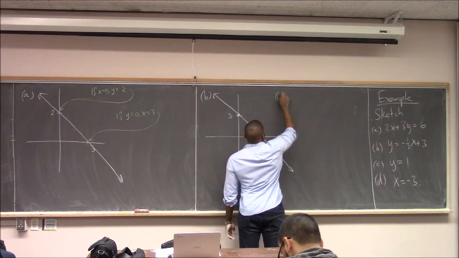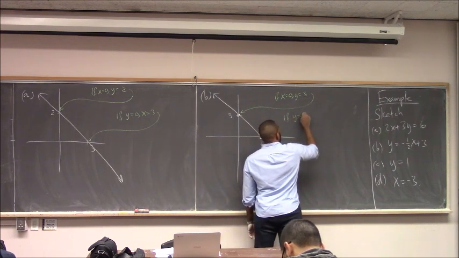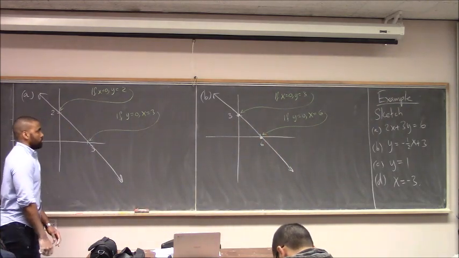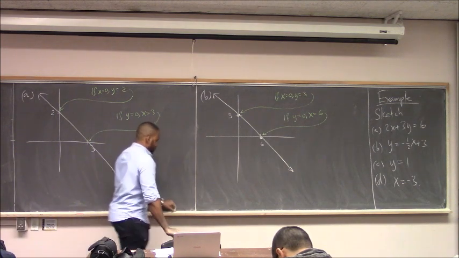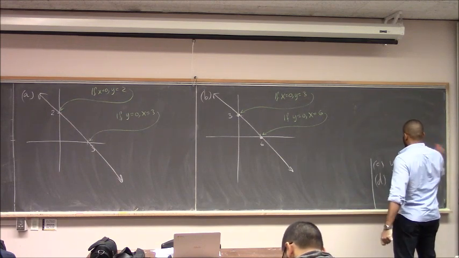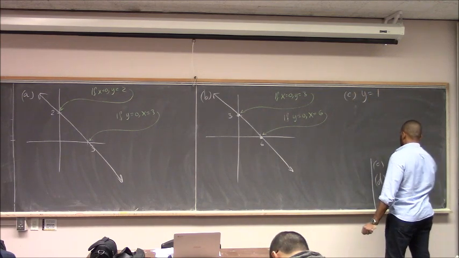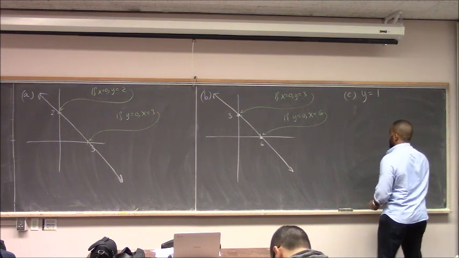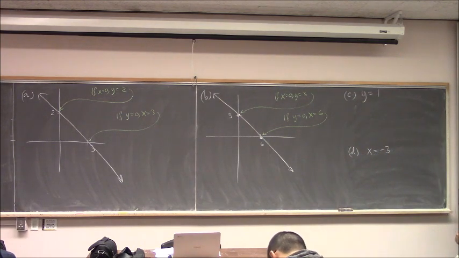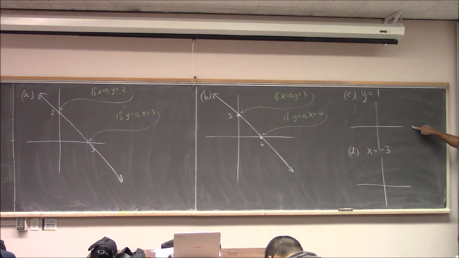So here, if x equals 0, y equals 3, you see that point. If y equals 0, x equals 6, you see that point. If you want to look at the situations y equals 1, and x equals minus 3, what does this one look like?